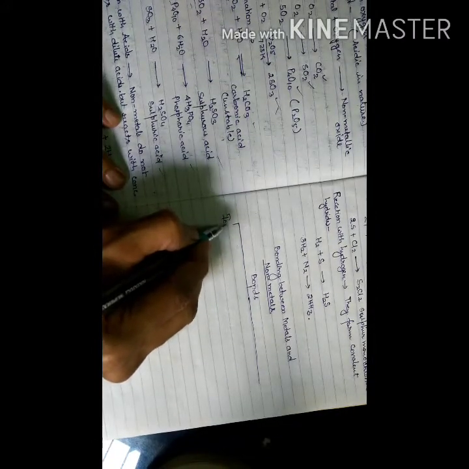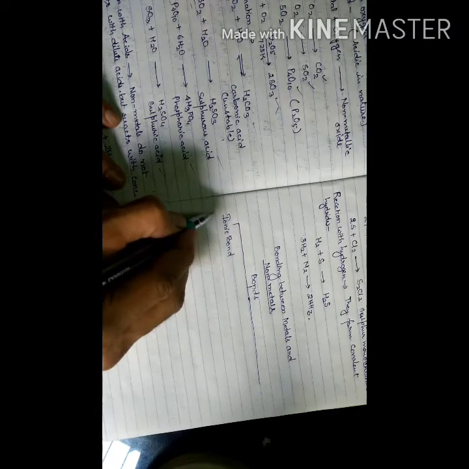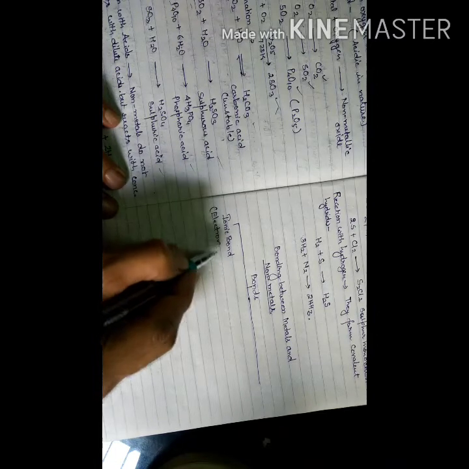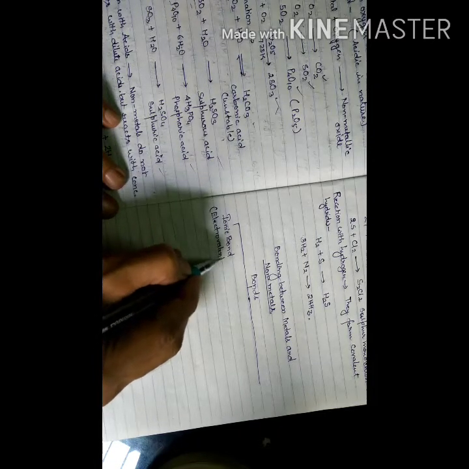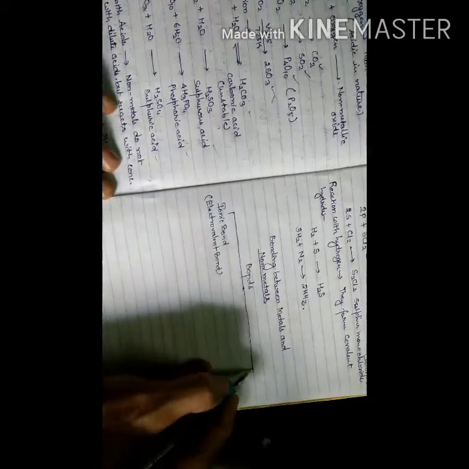First is the ionic bond, or we can also say electrovalent bond, while another one is called covalent bond.